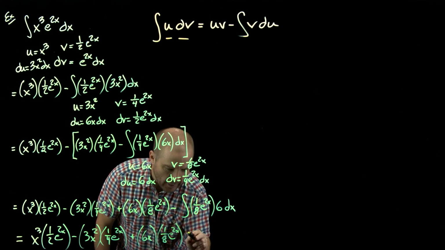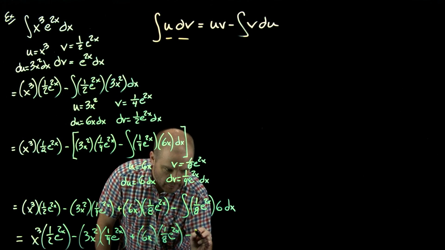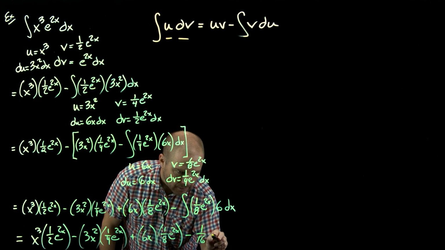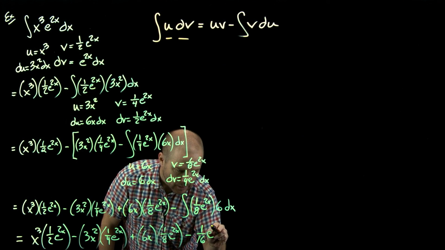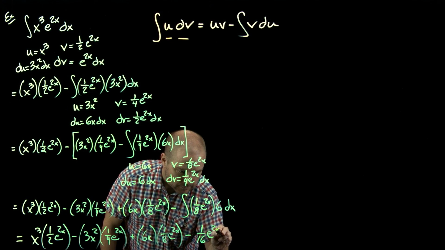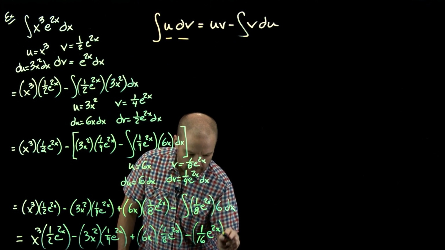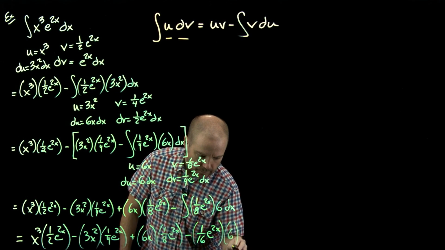And then one more integration here would give us 1/16 e to the 2x. And then times that constant, 6.